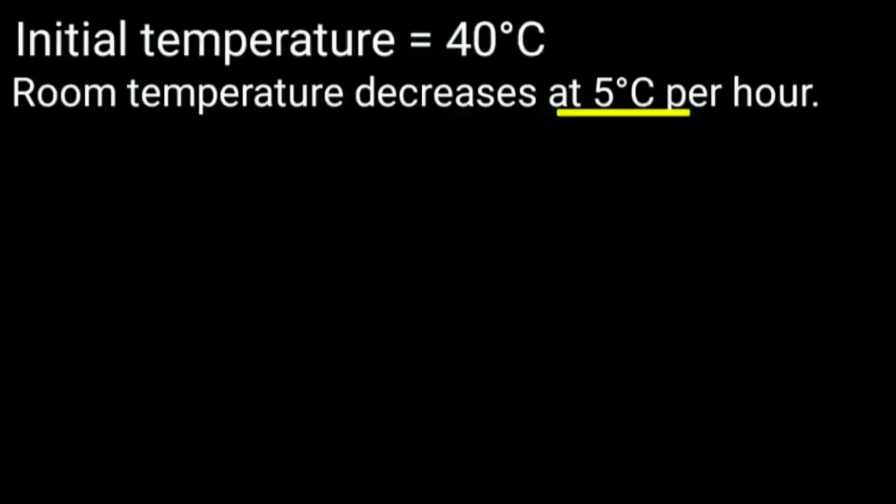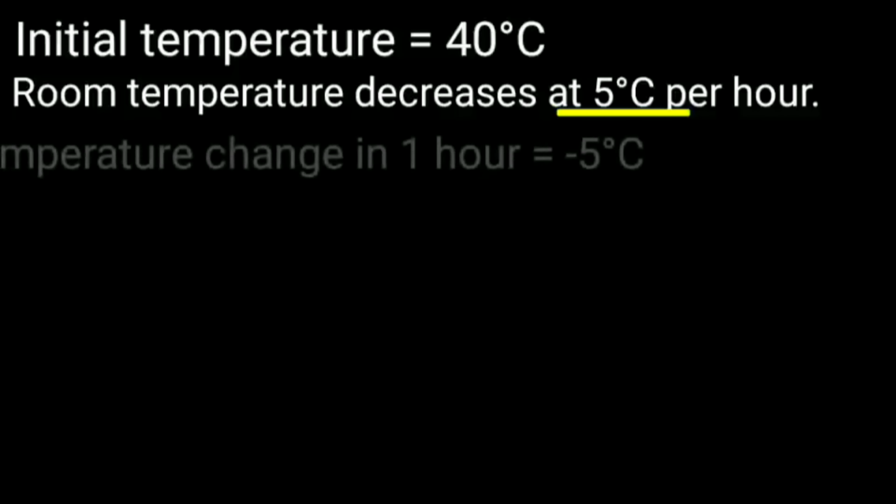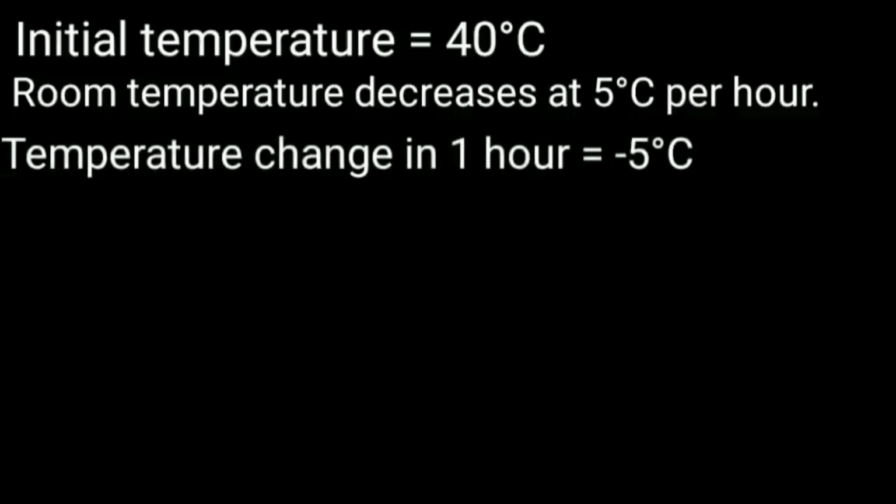It is 5 degrees Celsius. Therefore, temperature change in 1 hour is equal to minus 5 degrees Celsius, because the temperature decreases 5 degrees Celsius every hour. So we are considering this as minus 5 degrees Celsius.